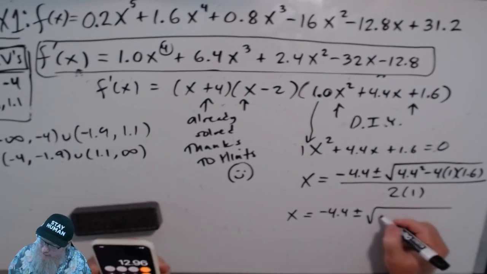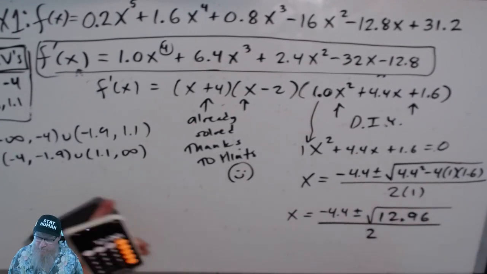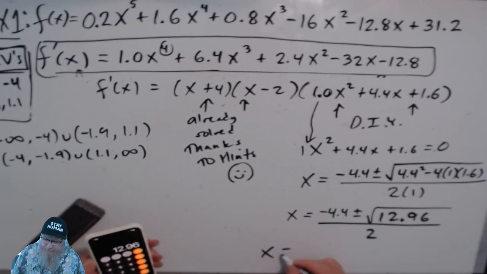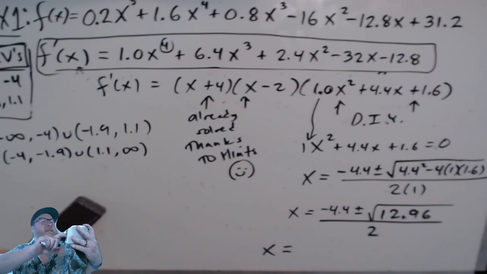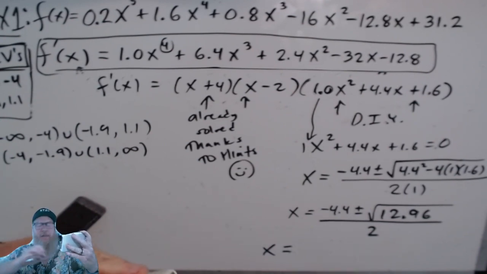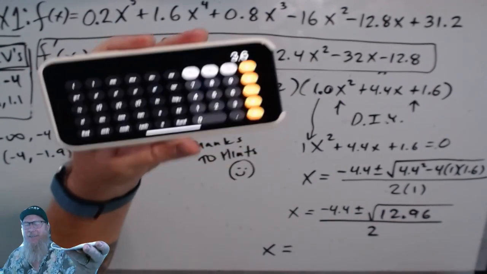I'm just going to change that on the whiteboard. All over 2. So the square root of 12.96. Oh, wow, that's kind of cool. It's exactly 3.6.